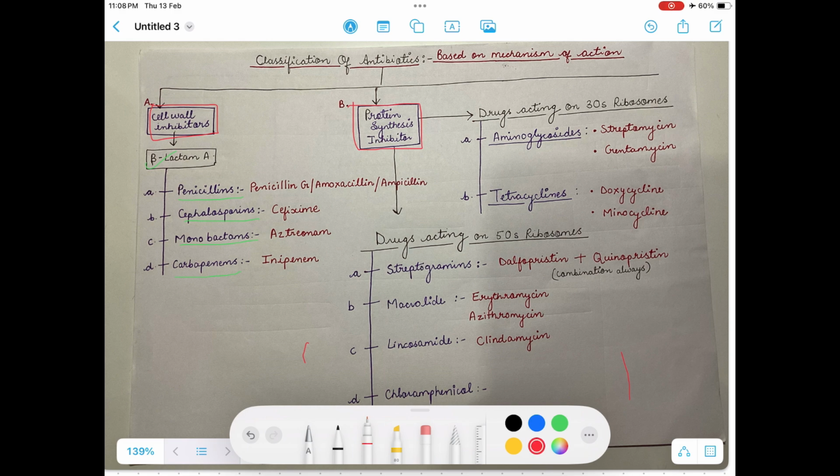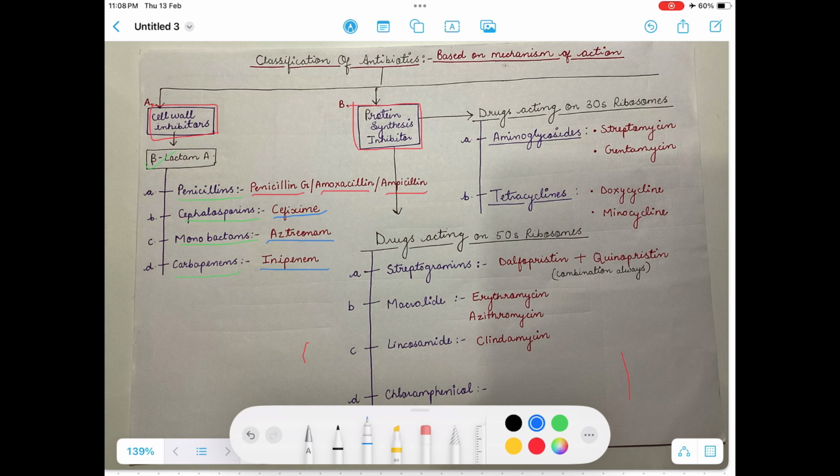In penicillin we have penicillin G, amoxicillin, and ampicillin. In cephalosporins we have cefixime. In monobactams we have aztreonam, and in carbapenems we have imipenem.